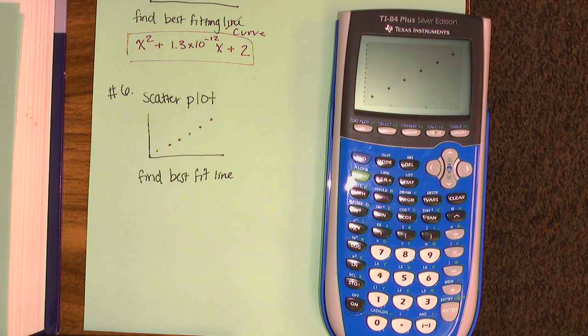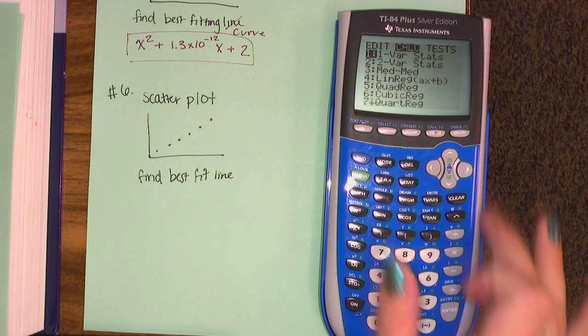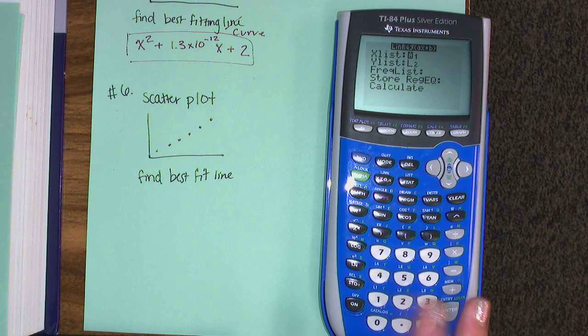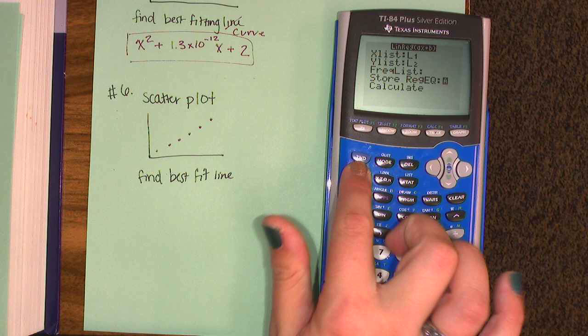So now, once you have that, you want to find the best fit line, so you're going to hit Stat, Calc. You're looking for linreg, which is number 4. Store it in y equals by hitting alpha trace.